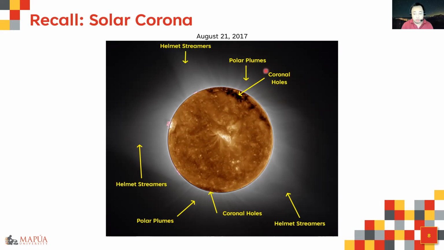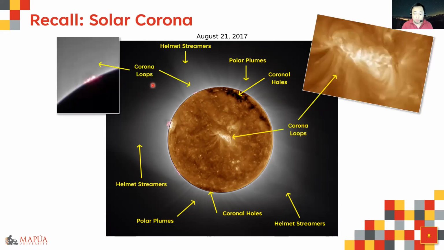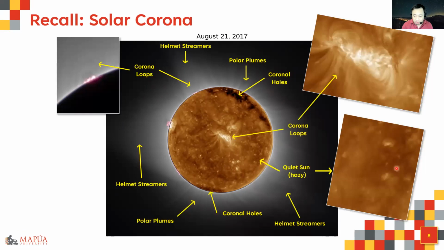Aside from these three structures, depending on the solar activity, we can observe coronal loops, as well as the structure of the solar corona during quiet times, in regions where there is steady magnetic field activity.